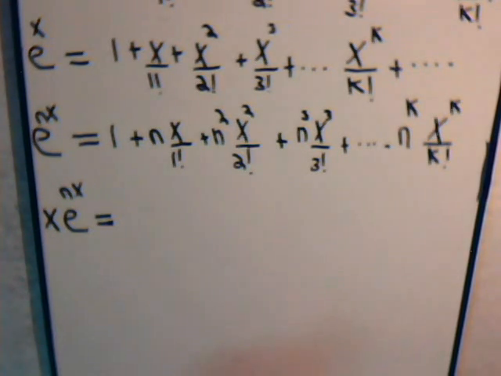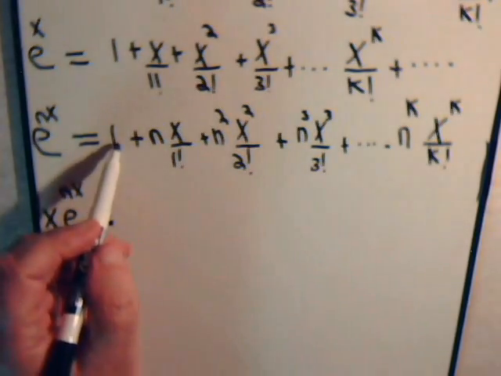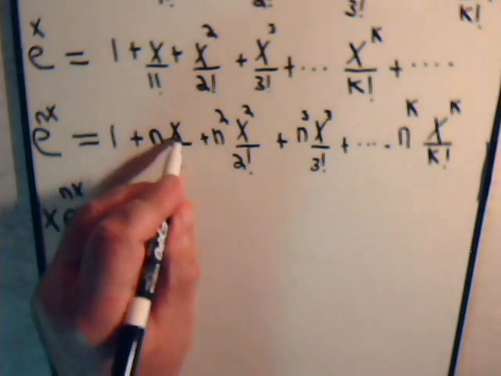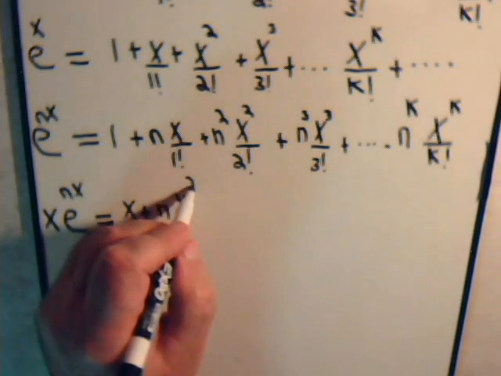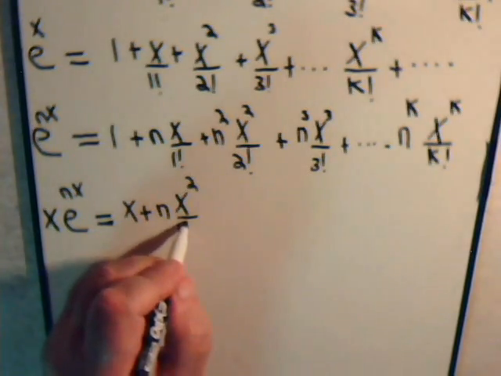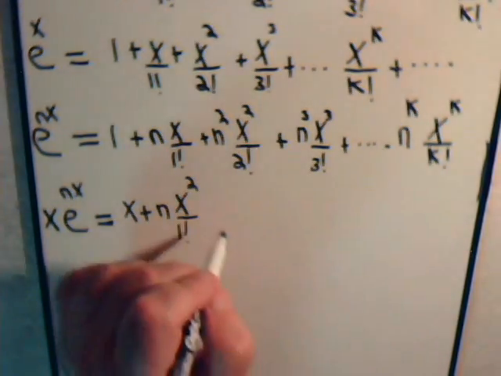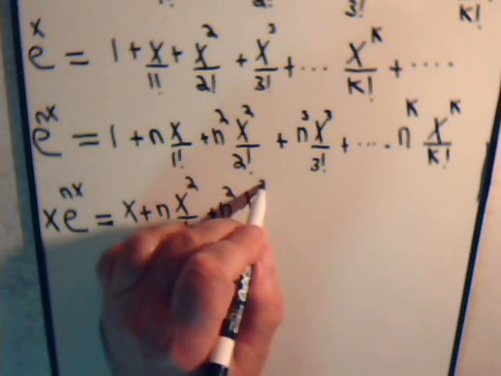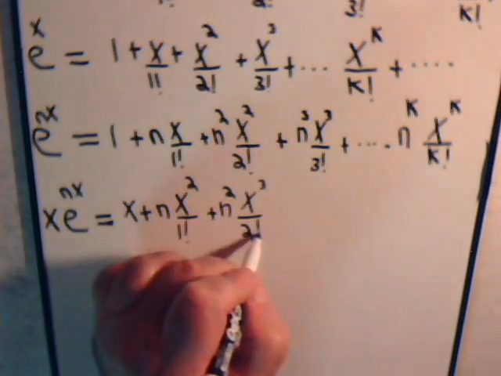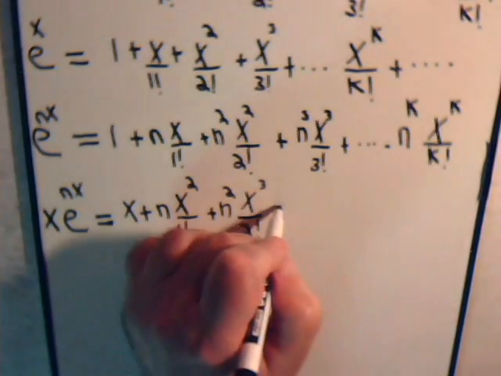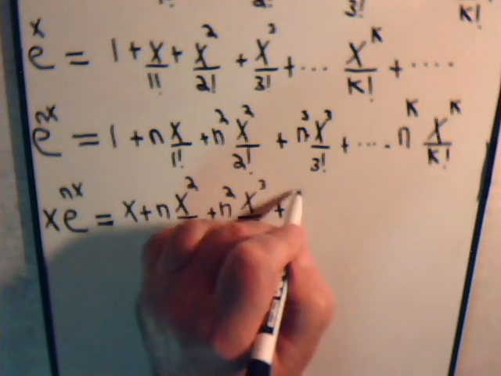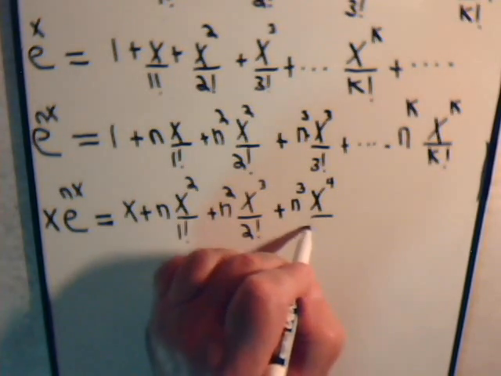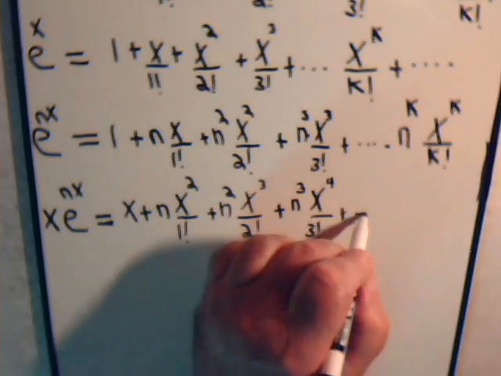So if we multiply by x, we have x plus n times x squared divided by 1 factorial, plus n squared times x cubed divided by 2 factorial, plus n cubed, this will now be x to the 4th, divided by 3 factorial and so forth.